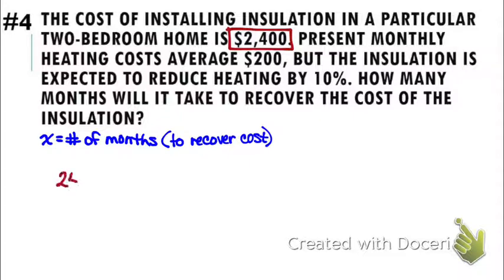So $2,400 equals X. No. I need the amount that they're saving to be equal to $2,400. 10% of 200. Okay, so 10% of 200, that's the amount they're saving.